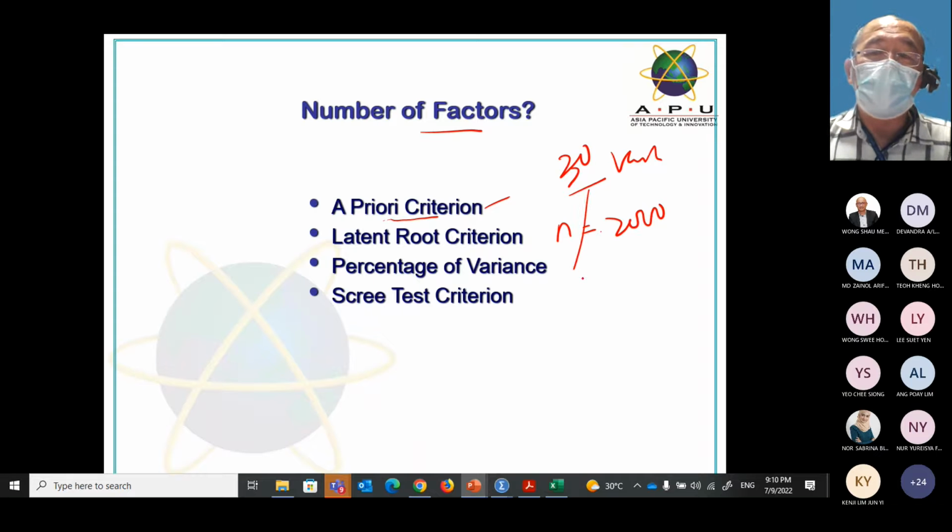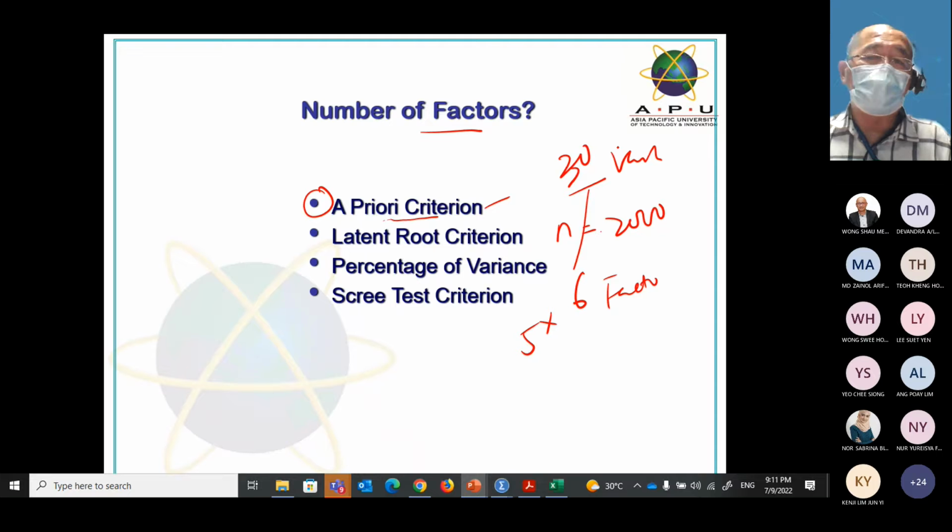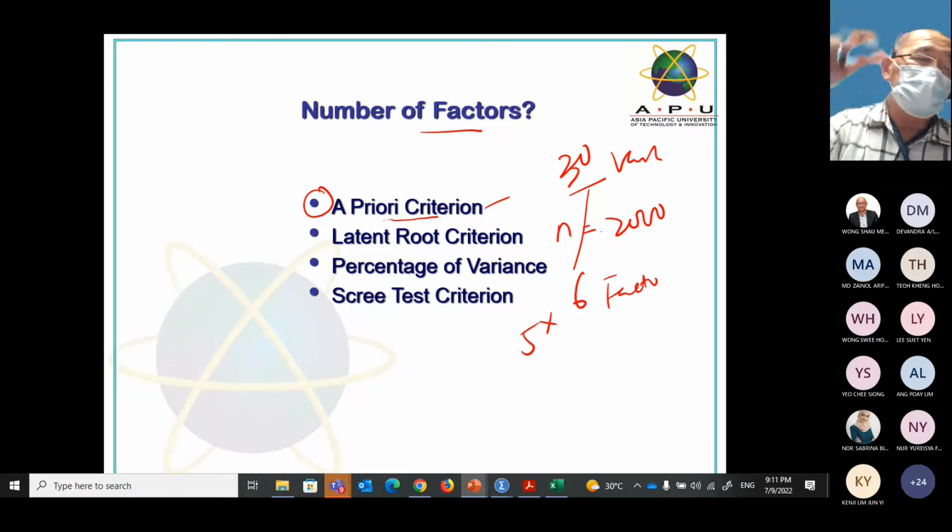You make use of 6, meaning you're targeting 6 factors, 5 variables for each factor. Therefore, here you just follow your data. But sometimes the data come from other people with no control. People ask you to analyze their data, they point you as the consultant, and you just analyze. You cannot change anything.